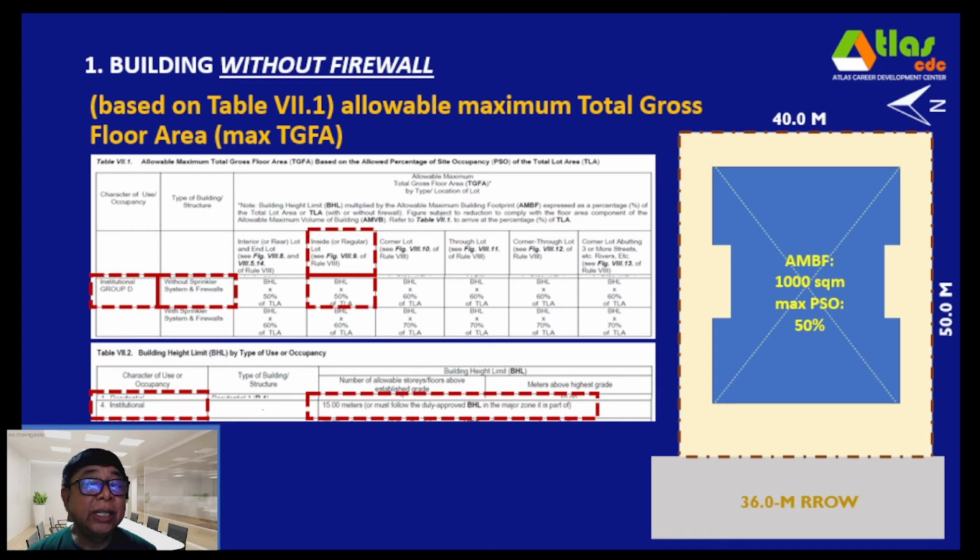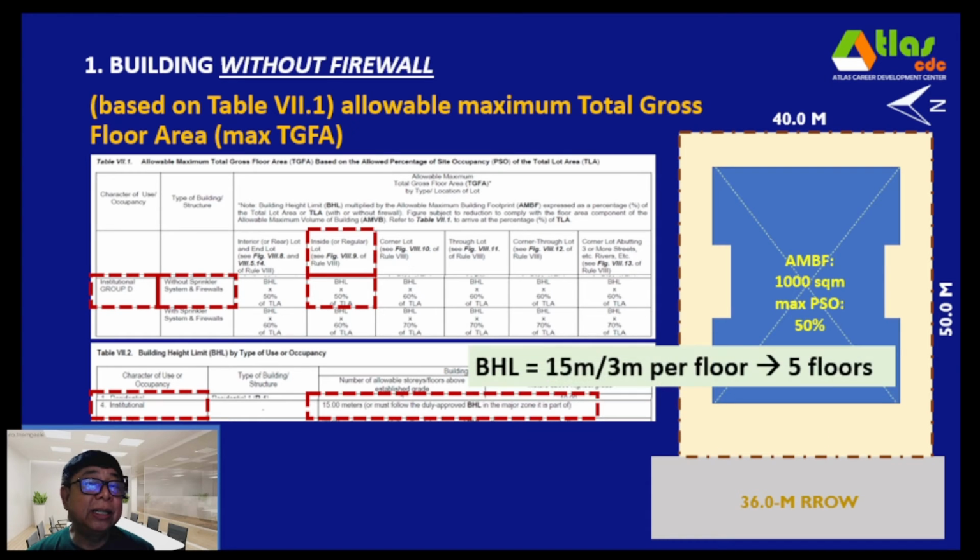Since that value is in meters, we have to convert that to its equivalent number of floors or stories. Using the standard floor-to-floor height of 3 meters per floor, it means that the equivalent BHL will be 5 floors.